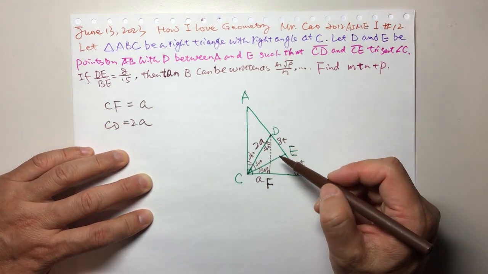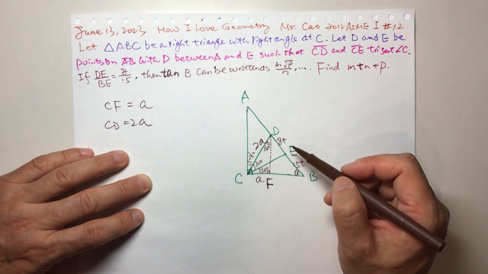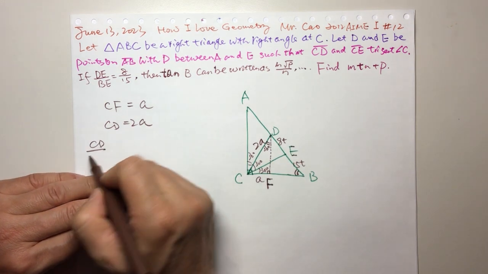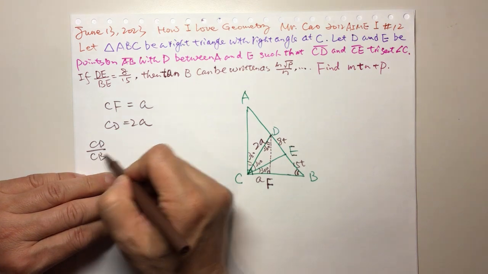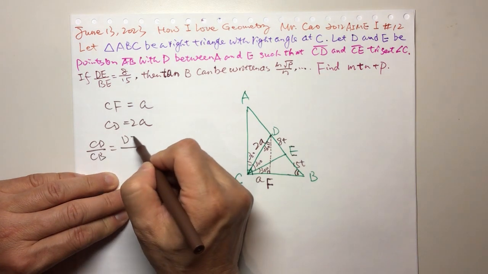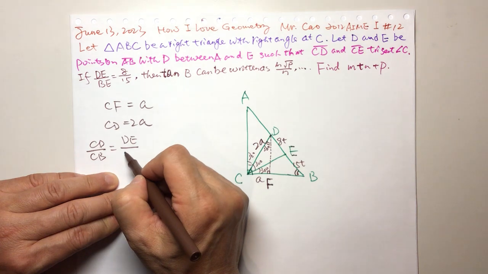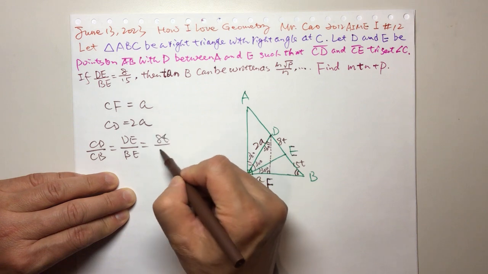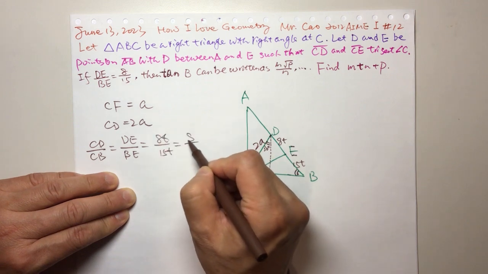Now, according to the angle bisector theorem, CD over CB equals DE over BE. So equals which one? 8t over 15t, of course, 8 over 15.